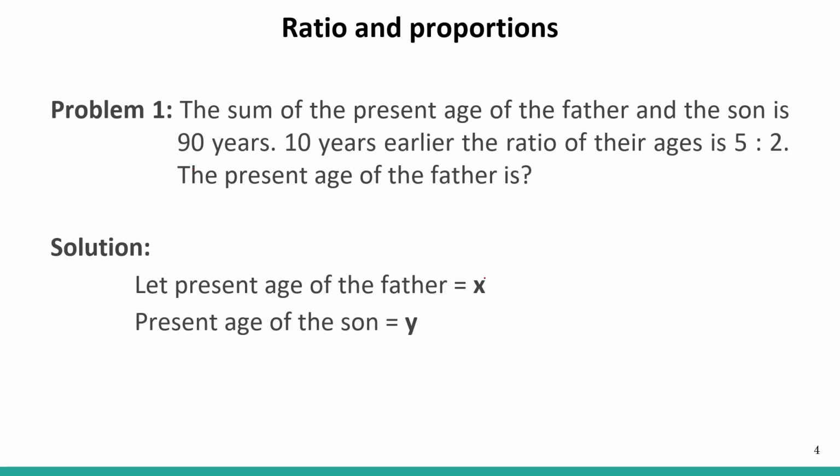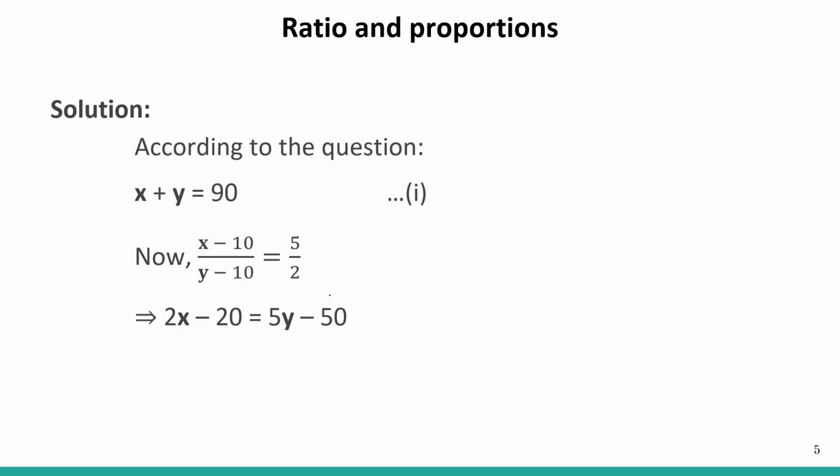Let the present age of the father be x and the present age of the son be y. According to the question, x plus y is given as 90. But 10 years before, their ratio was 5:2, which in fractional form is 5/2. So before 10 years, the father's age will be x minus 10 and the son's age will be y minus 10.